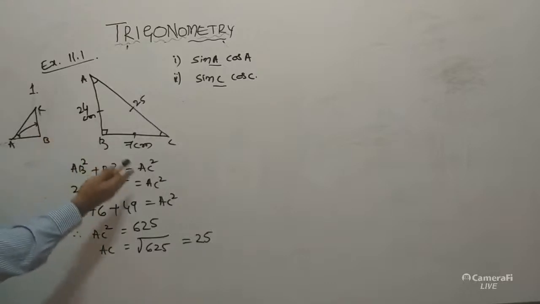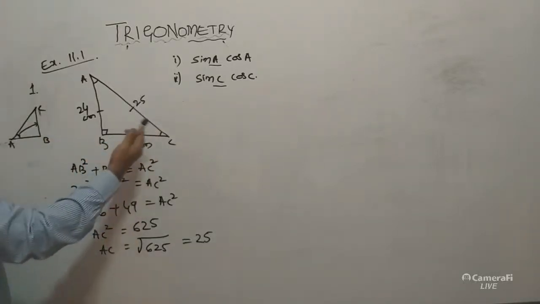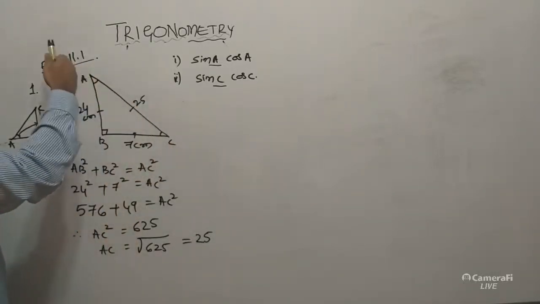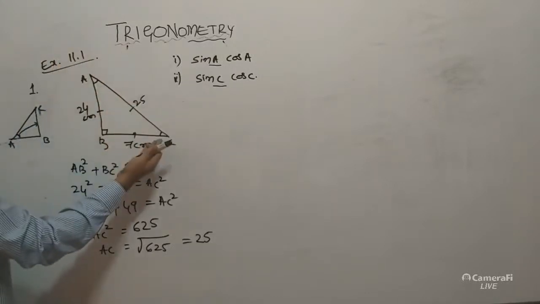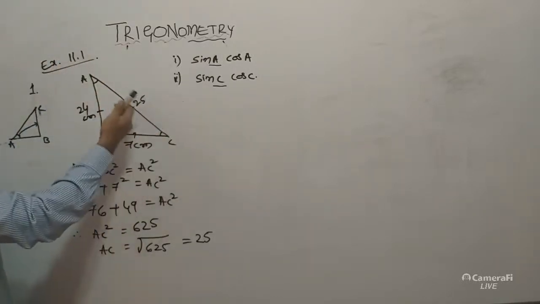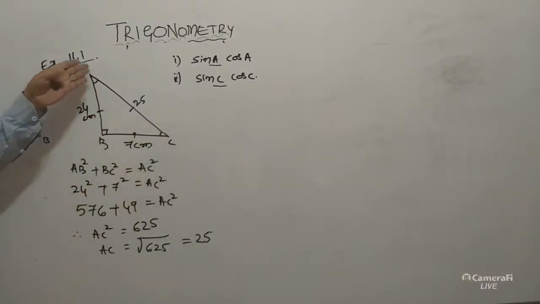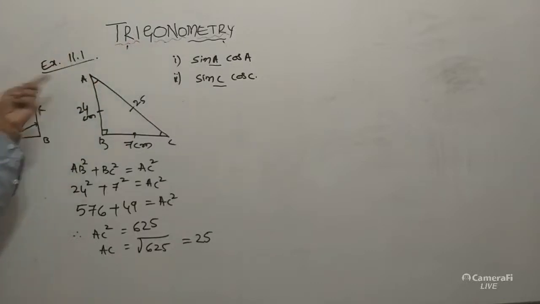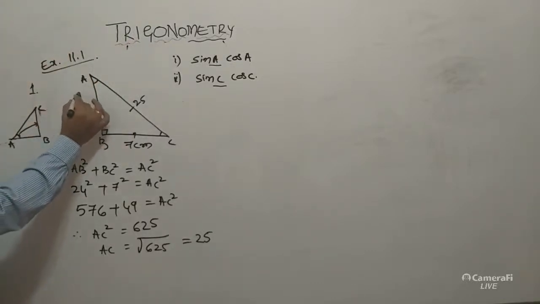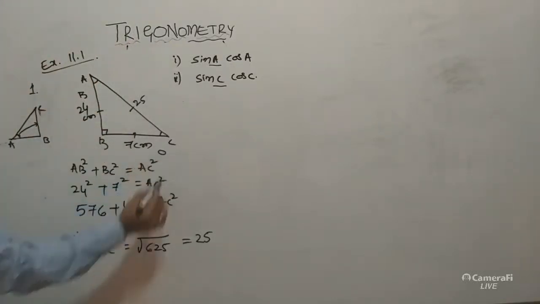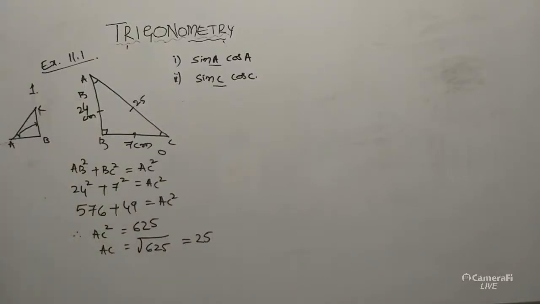Previously I considered this as theta; if this is theta, then this is 90 minus theta. Previously in one example, in the right angle triangle, the base angle was theta. Here, in the first question, the base angle is angle A. When that is the base angle, then this is the opposite.